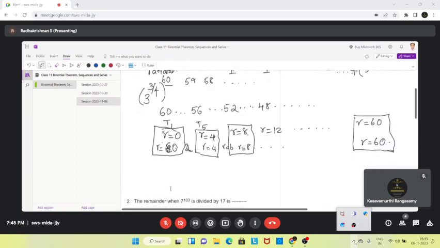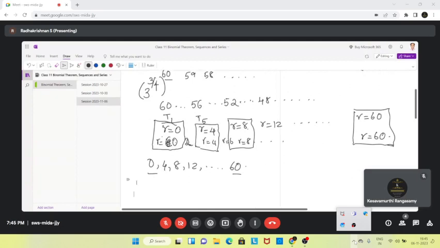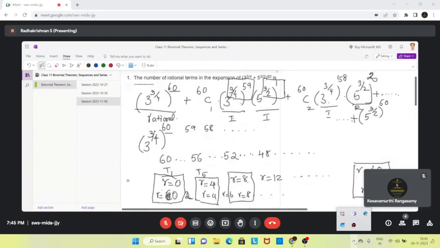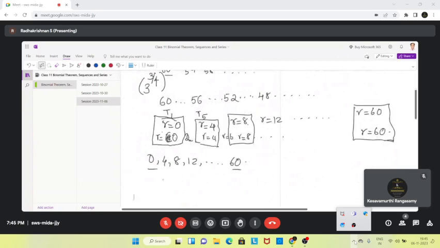How can we count this? This is simply an arithmetic series, right? 0, 4, 8, 12 up to 60. So how many terms are there in this? This is an arithmetic series with a equal to 0, d equal to 4.